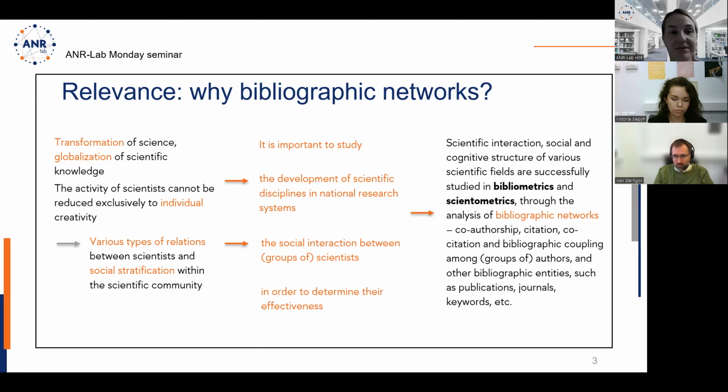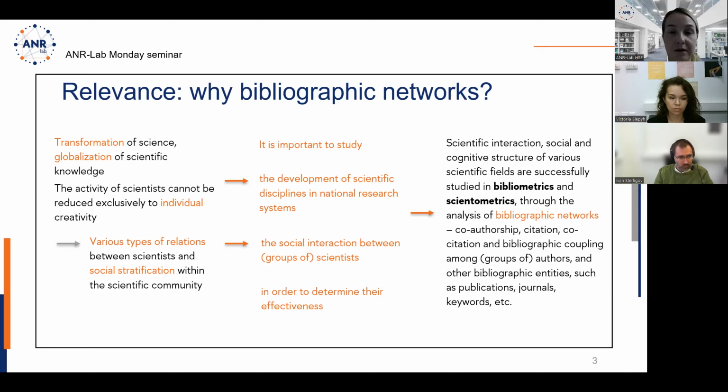it is seen that now the activity of scientists is not reduced exclusively to individual creativity, because we see that collaboration in science is growing, and there are a lot of types of relations in science. So that's why it is important to study the development of scientific disciplines and social interactions between scientists and between their groups to determine their effectiveness, to see how well the fields are developing.